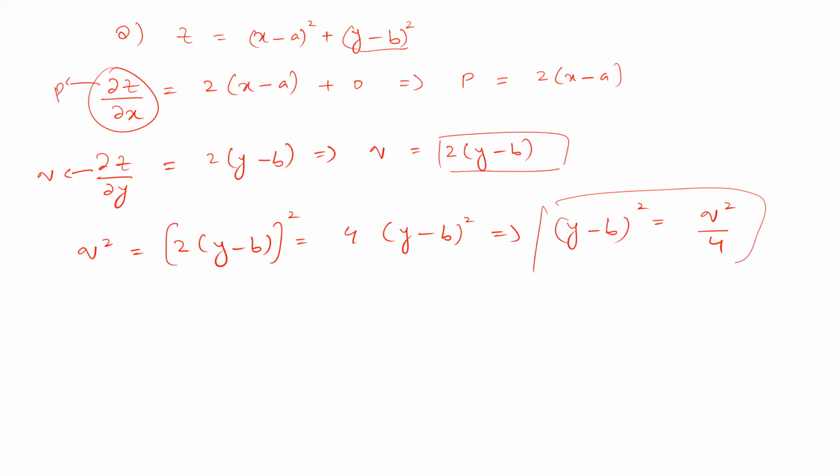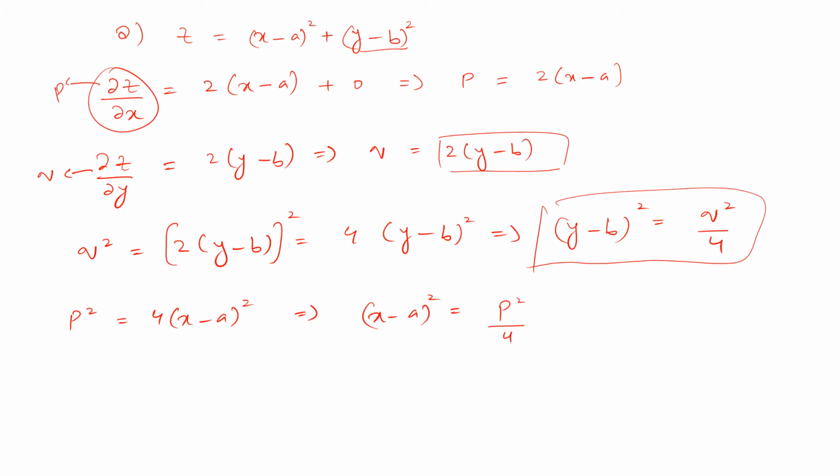So now I can replace this (y minus b) whole squared by q squared over 4, and similarly p squared will be equal to 4 times (x minus a) squared. This implies that (x minus a) squared can be replaced by p squared over 4.